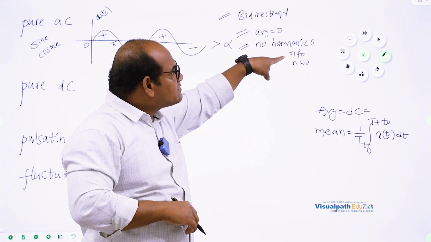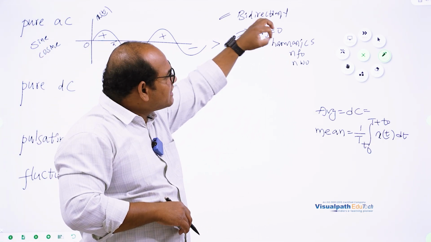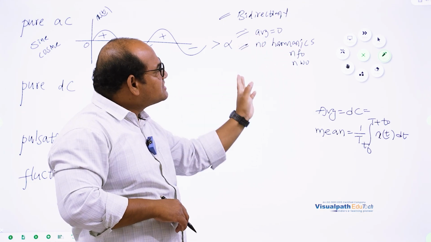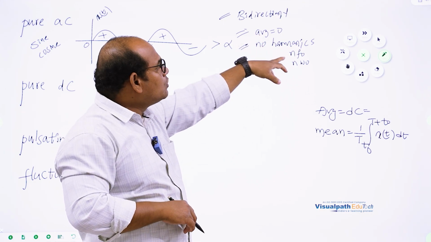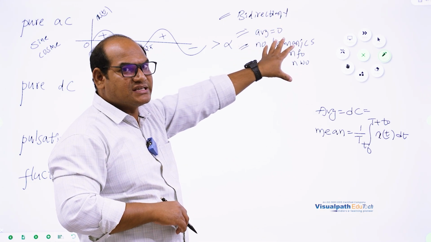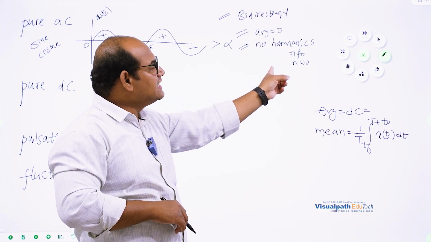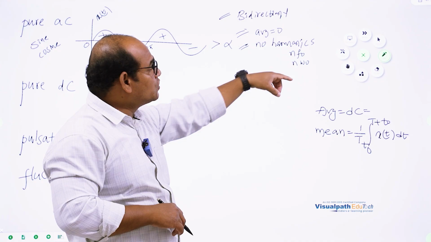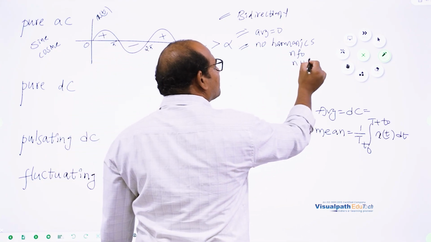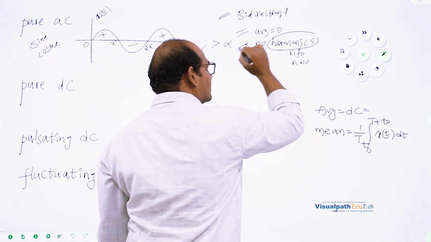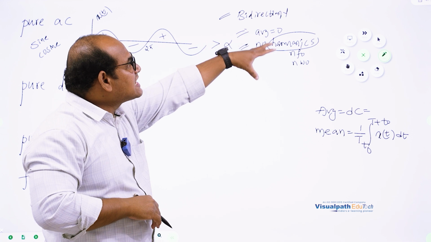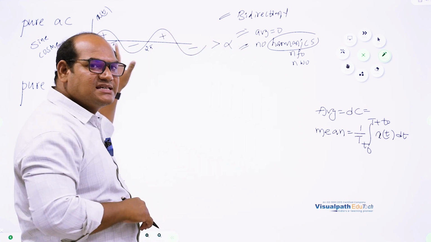It is the integer multiples of the fundamental frequency. f naught is the fundamental frequency, that is 1 into f naught. When you take N equal to 1, that represents the fundamental frequency. N equal to 2 is two times the fundamental frequency, N equal to 3 is three times the fundamental frequency. So integer multiples of the fundamental frequency are called harmonics. But those harmonics are not available in the pure AC signal.